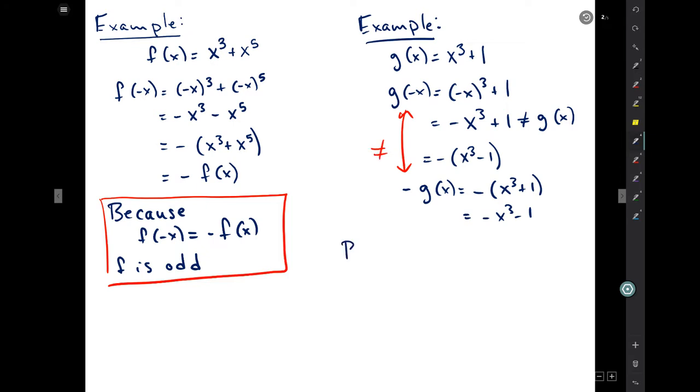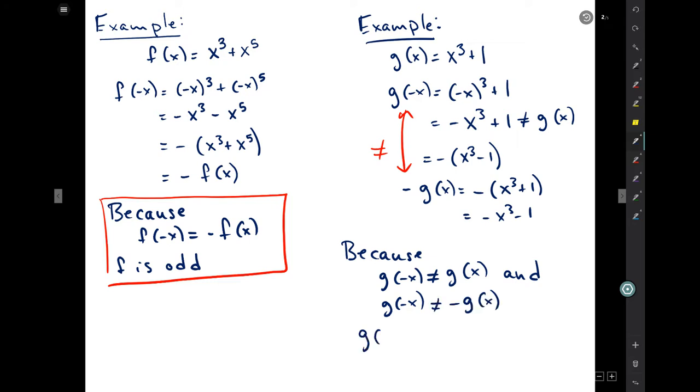So because g of minus x is not equal to the original function, g of x, and g of minus x is not equal to negative the original function, g of x is neither even nor odd. It doesn't satisfy either of the definitions.